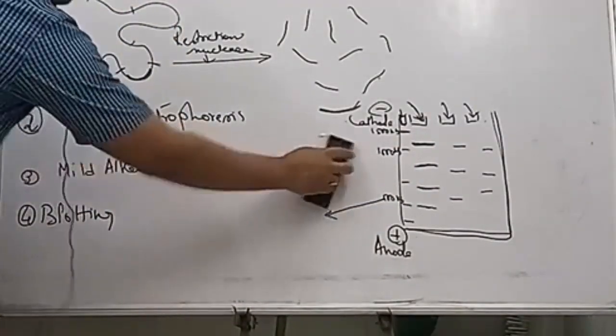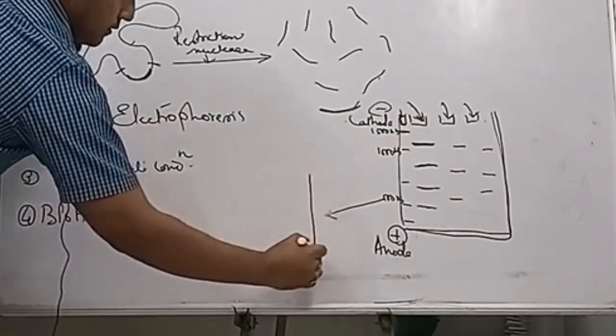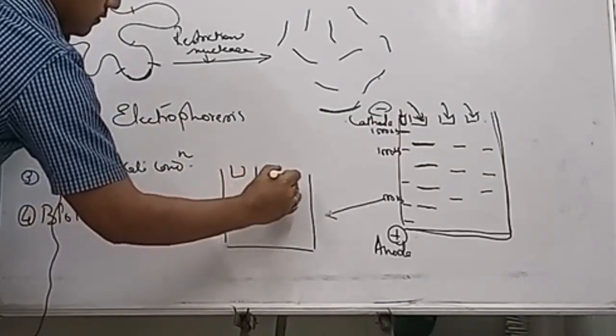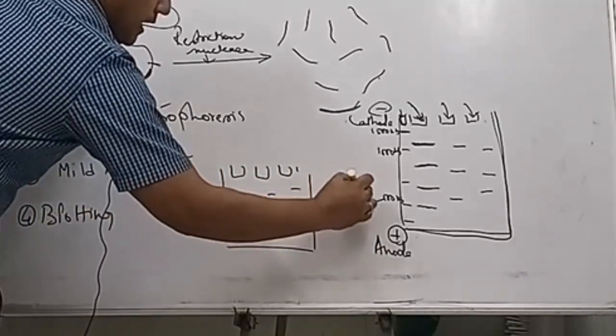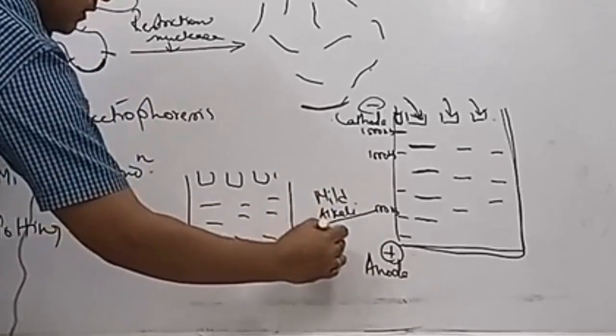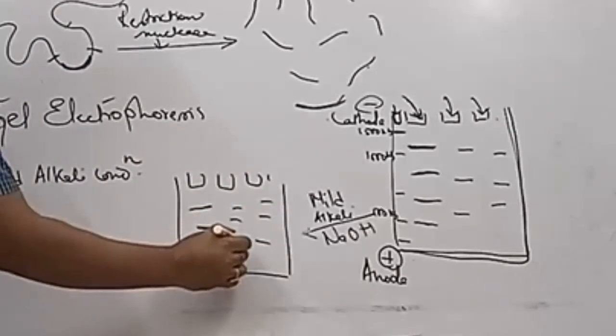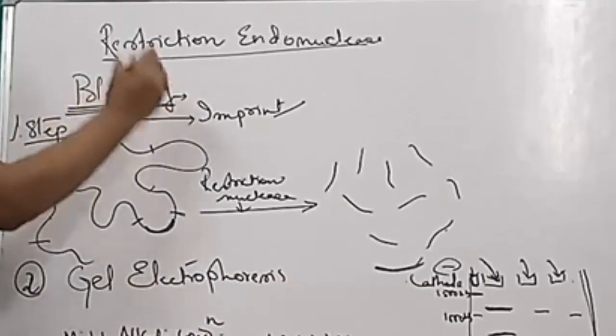Suppose this is the gel, and I have applied mild alkali condition, sodium hydroxide, and this gets separated, and I have obtained single strands. Now I am going to use nitrocellulose sheet or nylon sheet, nitrocellulose paper or nylon paper, where I'll be taking the imprint of this particular gel. This is what is known as the main blotting step.